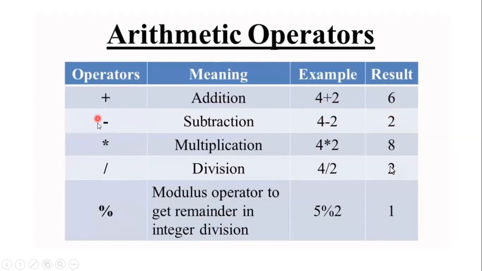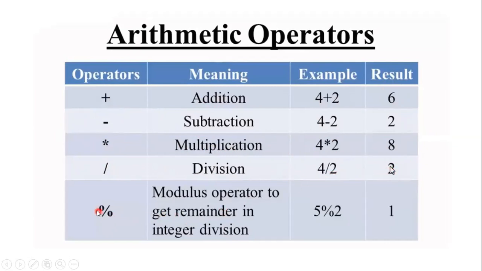Then the minus operator, which is used for subtraction. So 4 minus 2, the value here is 2. Then asterisk, which is used for multiplication. So 4 into 2 is 8. Then the slash operator, which is used for division. So 4 divided by 2 is 2.